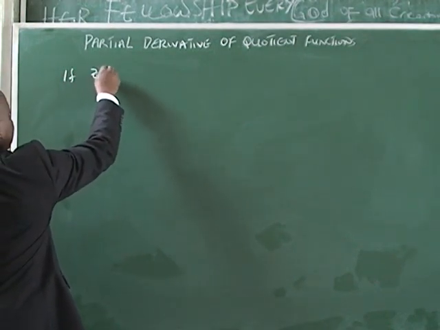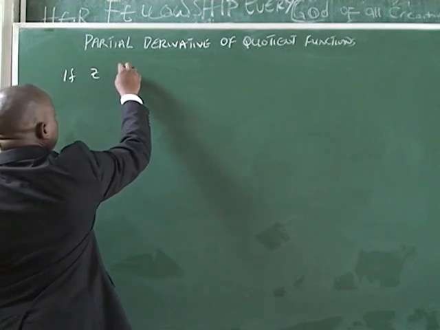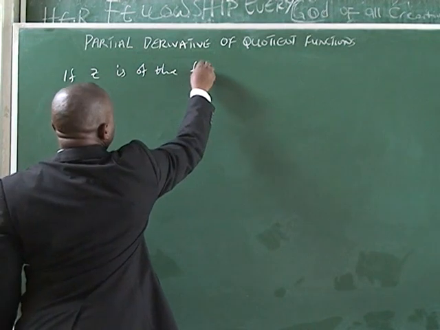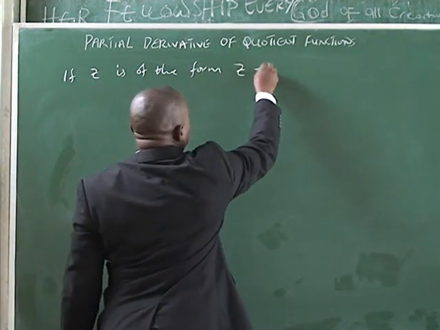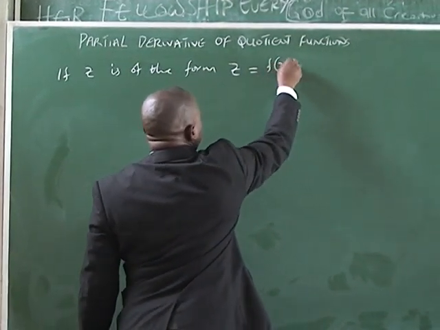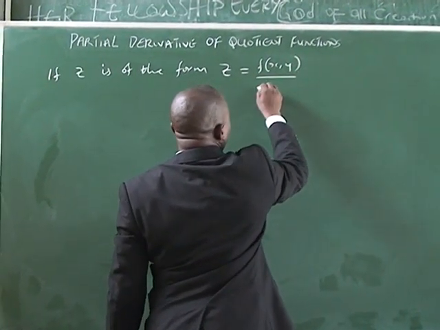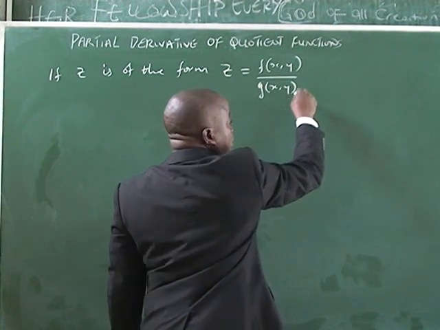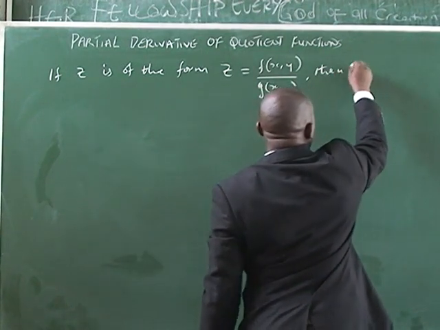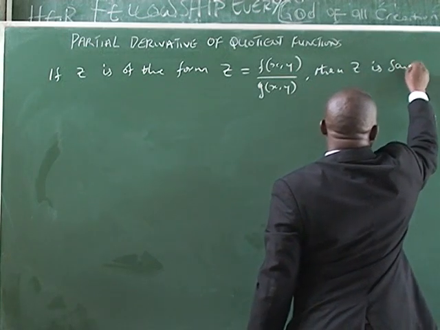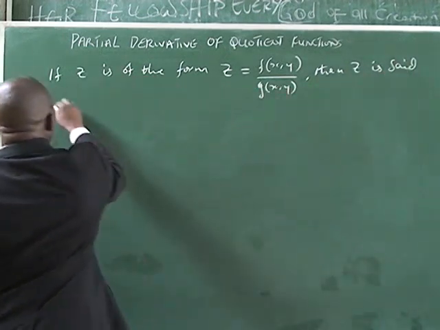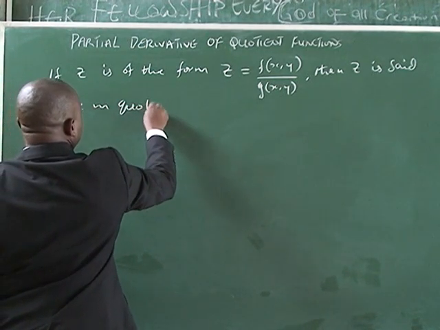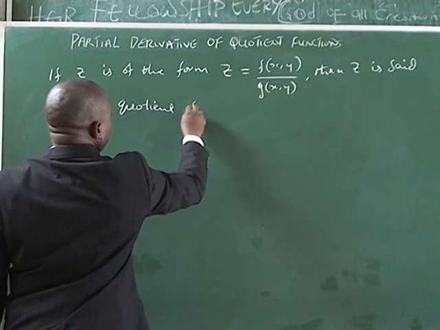Now, if z is of the form z is equal f of xy over g of xy, then z is said to be in quotient form.